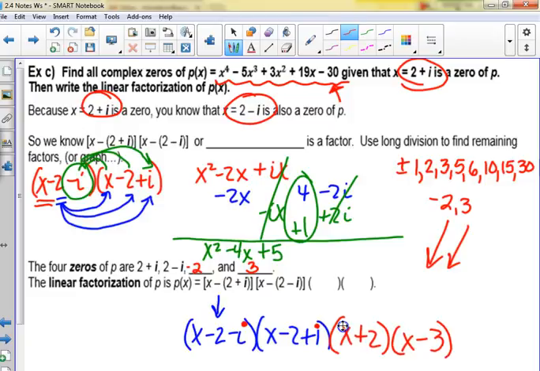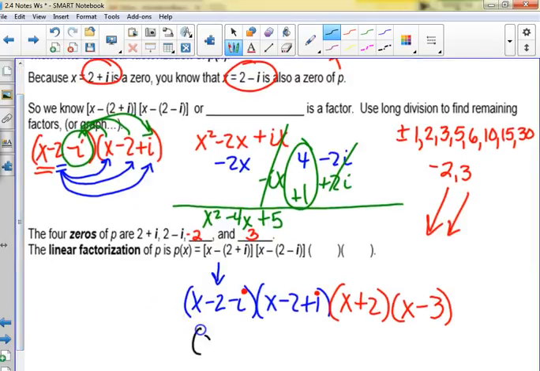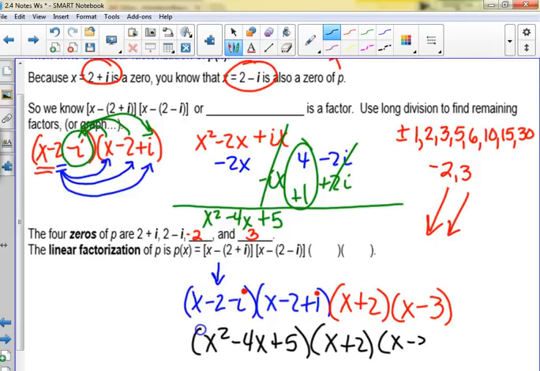Now, I need to explain the difference between that and this. Okay, because all of these factors have x only, these are called the linear factors.